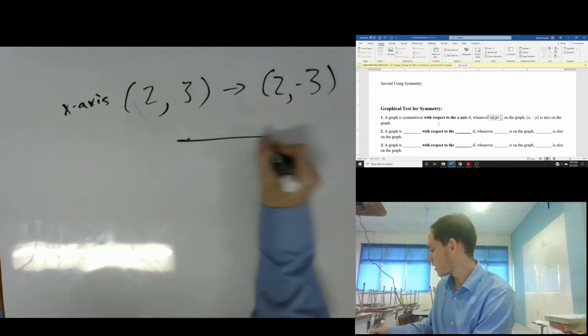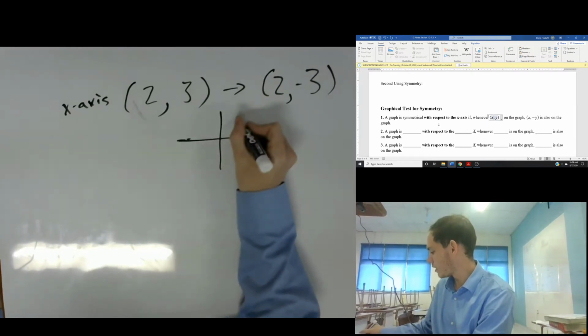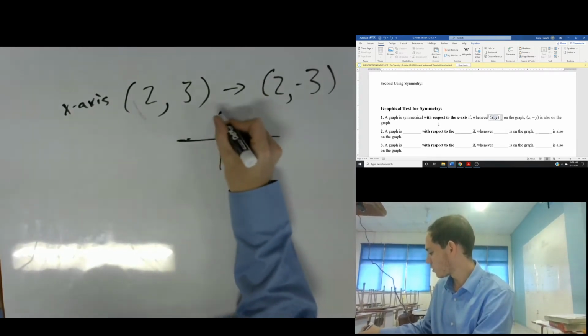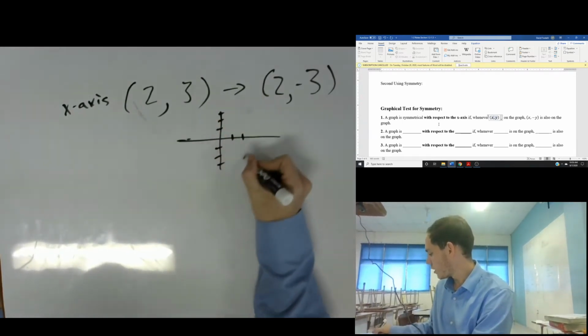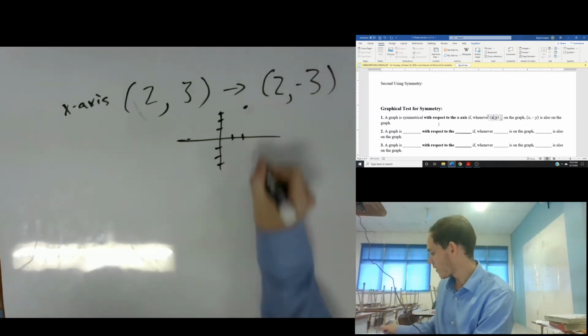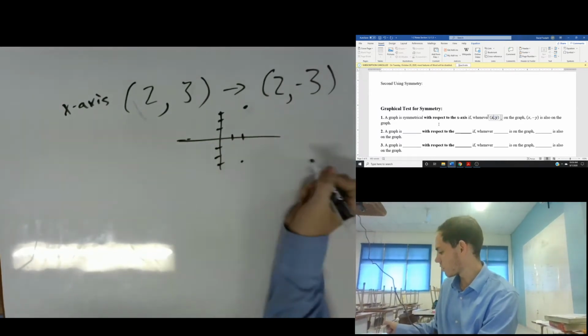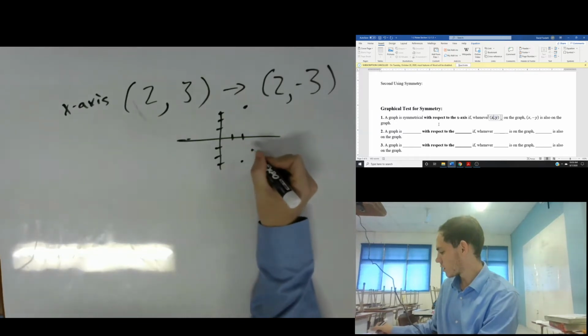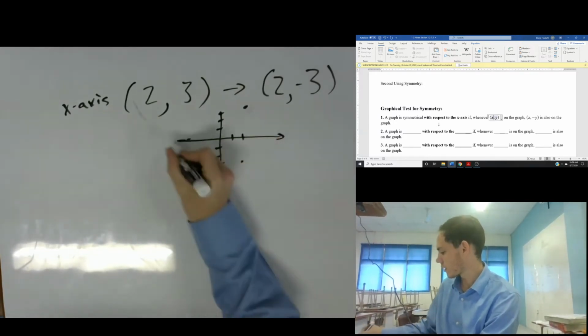So if you were plotting it, it'd mean that if this point is on the graph, this point's also on the graph. Okay, that's the symmetry.